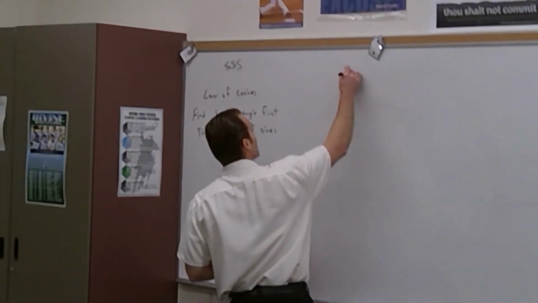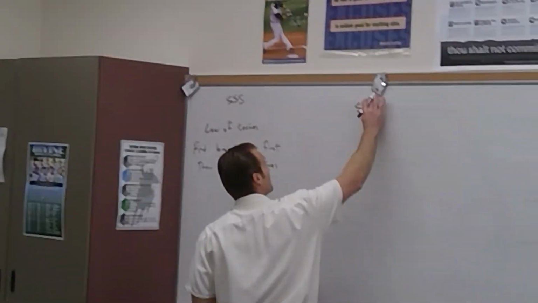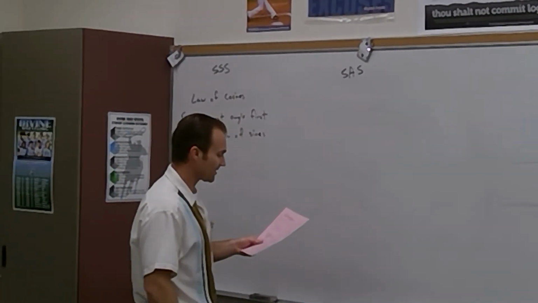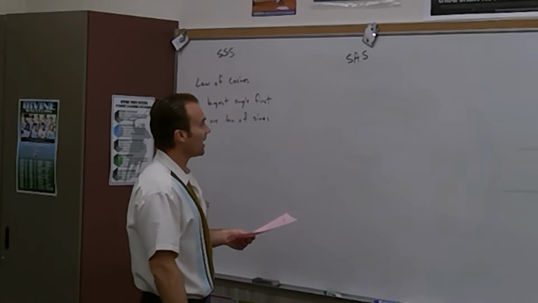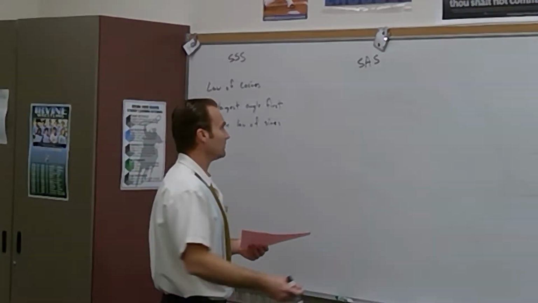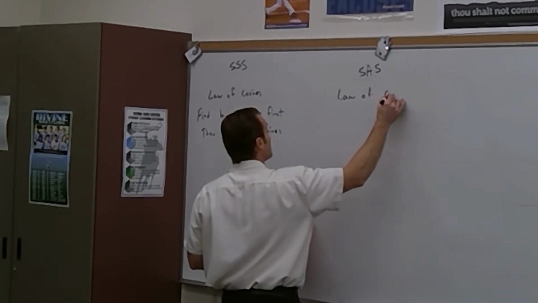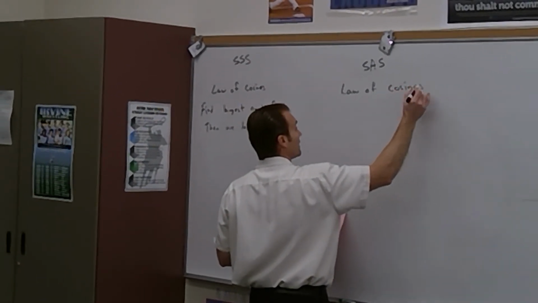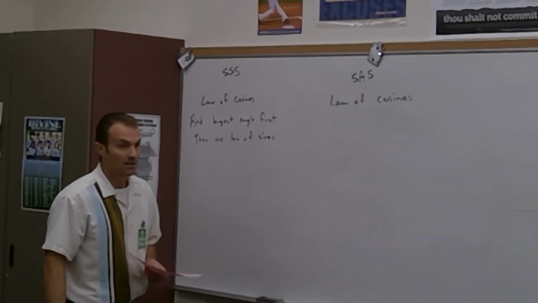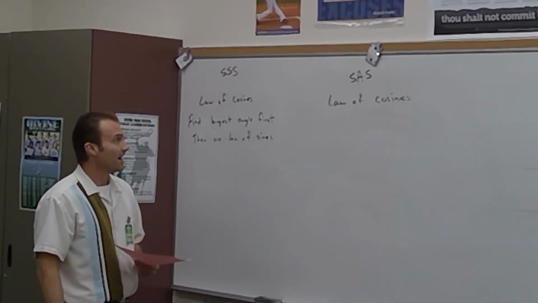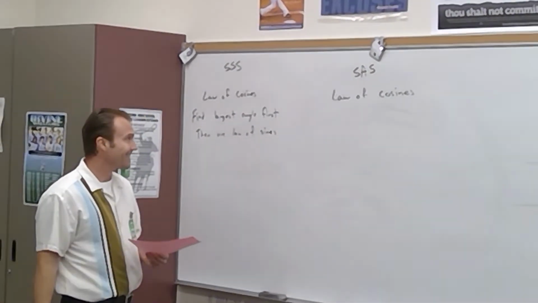All right, next triangle type. When I have side, angle, side, I have to use law of cosines. Got to use that first. Once I do that, I'm going to have all three sides.